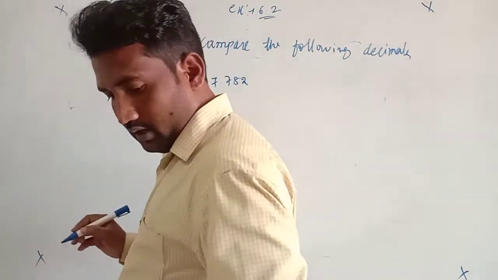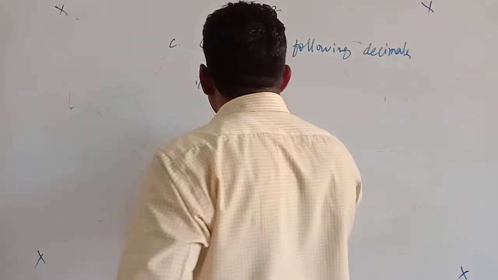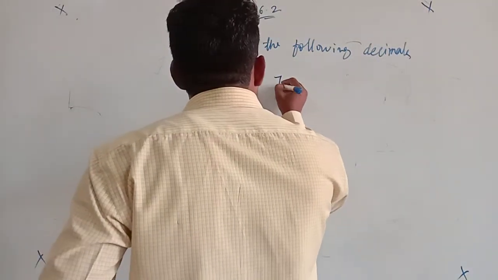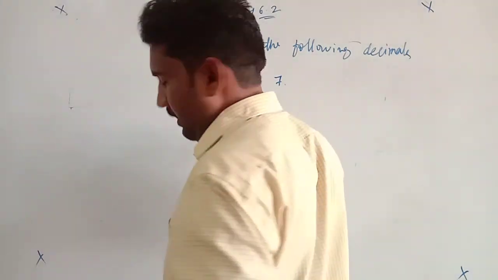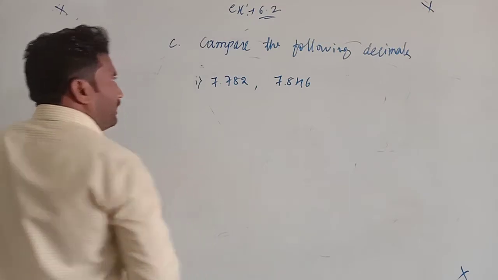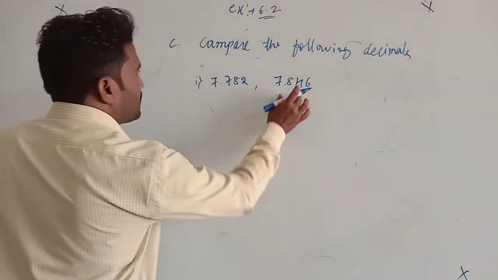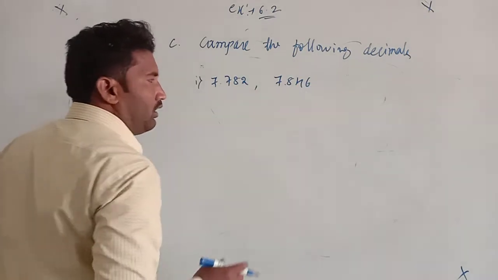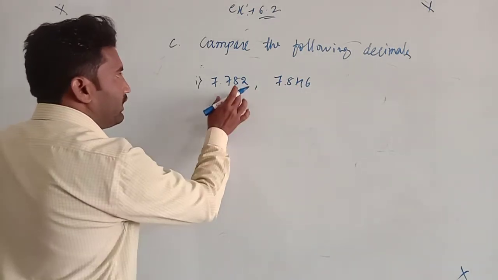So the first decimal given is 7.782, and the second decimal is 7.846. So we should compare these two. When we are comparing these two, it tells us which is greatest and which is smallest.